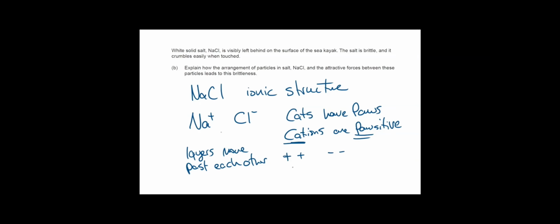They're not going to attract, they're going to want to repel each other. So now the ionic bonds are working against the structure at that layer discrepancy, and it's going to bust apart. That's why it's brittle.